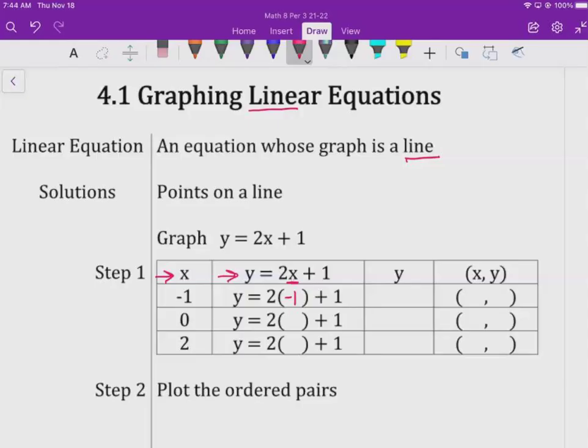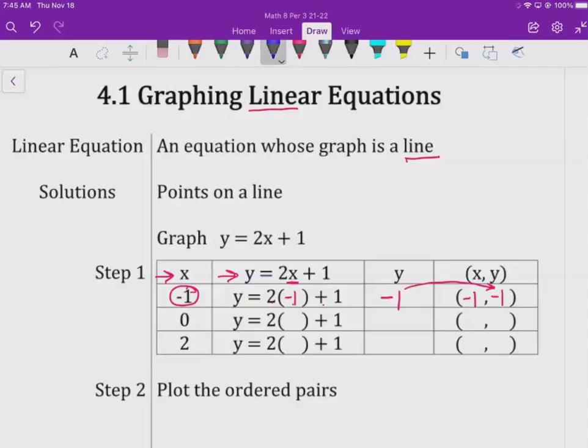And anytime you input something, it has to be in parentheses. This is really important now. Okay, so now we have 2 times -1 is -2. -2 plus 1 is -1. So we end up with -1, which was our x value, and -1, which is our y value.